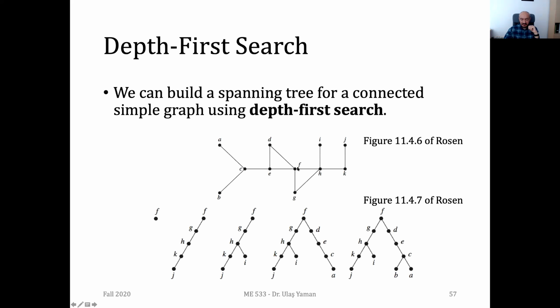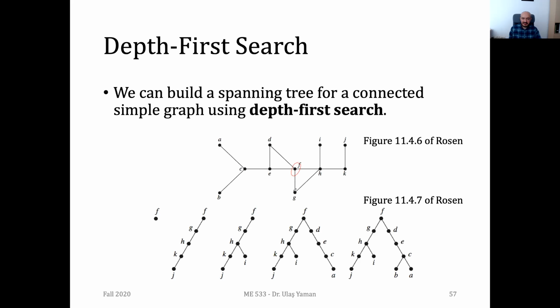So this is how we do it. You may start with any node, if this is your graph. And then our aim is to find the spanning tree by using depth first search. So this is our root. This is already given, so we need to start with F. You may start visiting any of these, it doesn't matter, but you should always try to go as deep as possible.